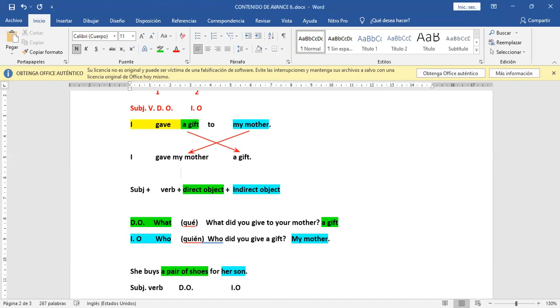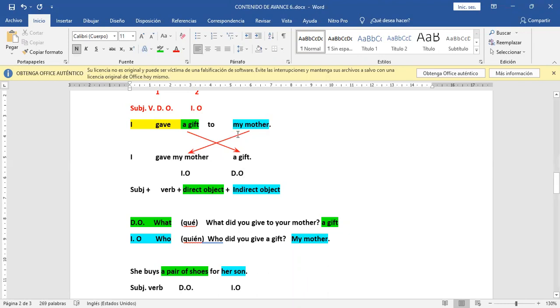My mother, direct object; a gift, indirect object. Do you agree? No, teacher. Disagree. Mother would be indirect object. Gift, a gift, is the direct object. Yes. Why?